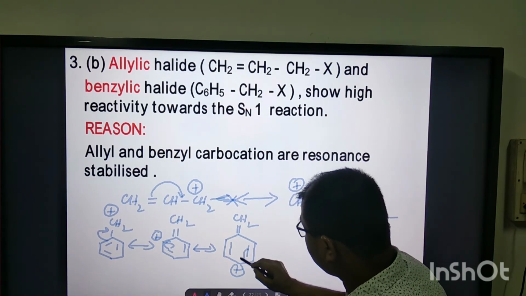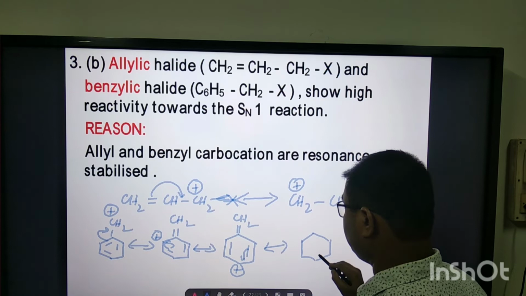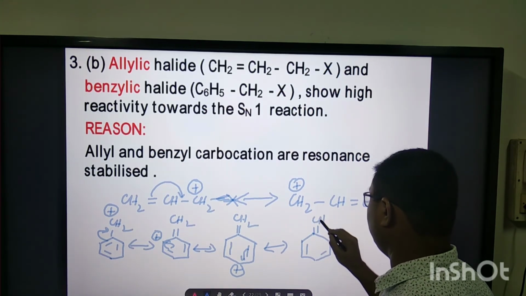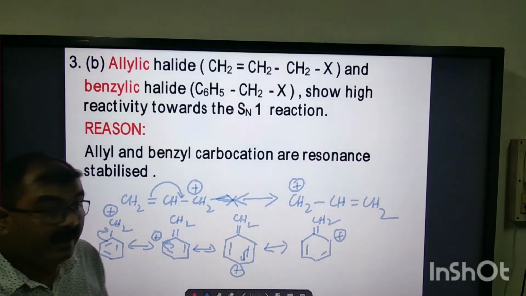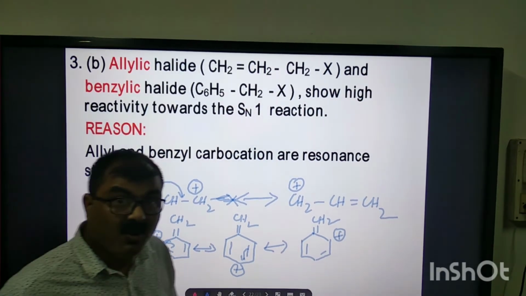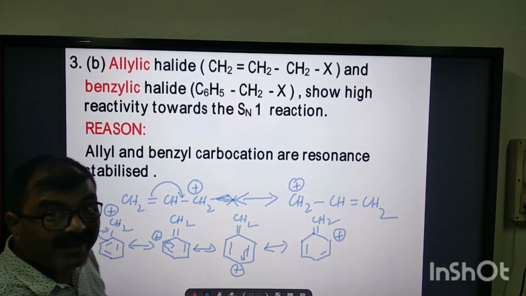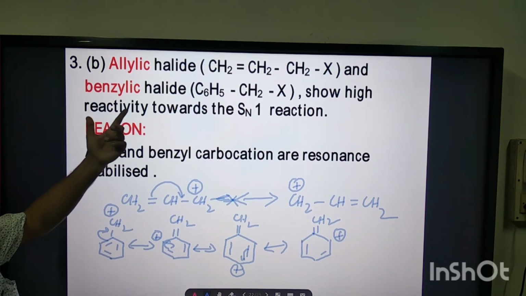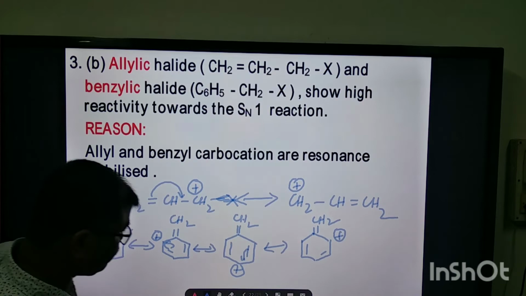Then this pi electron will move towards this side, and the positive charge will develop here. As a result of this resonance, dispersion of positive charge occurs, which leads to stability of the allylic carbocation and benzylic carbocation. That is why they are also stable.